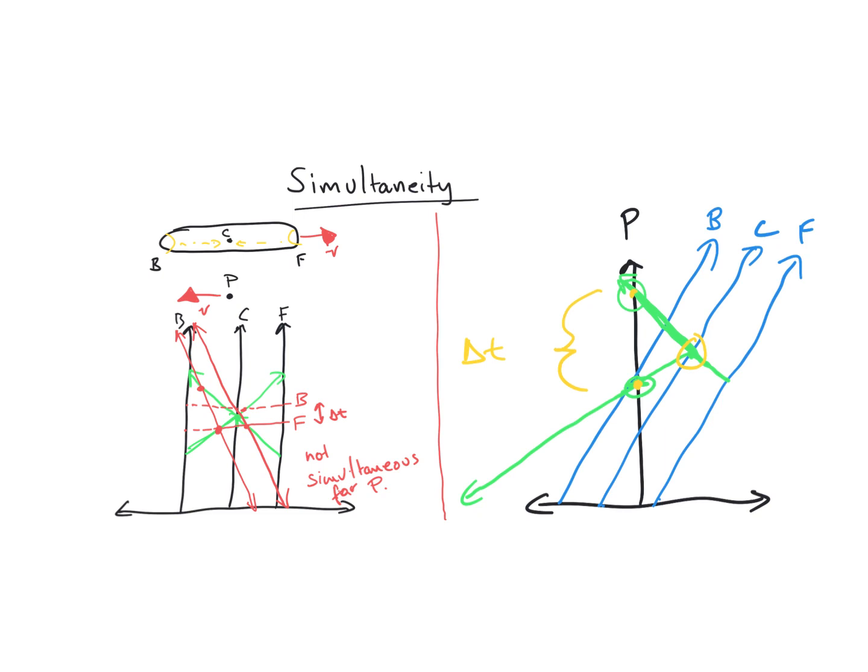Once again, if we moved these lines across in that direction, we might get a different result in terms of which one P sees first. But at the end of the day, they'll always be different if they arrive simultaneously at C.